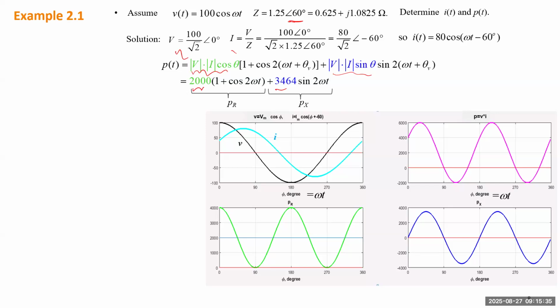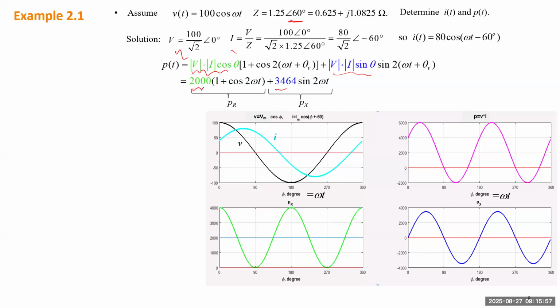Next, you multiply those two waveforms point by point, and you get a second waveform. This waveform is also sinusoidal, but it finishes 2 cycles in one period of the original voltage and current.